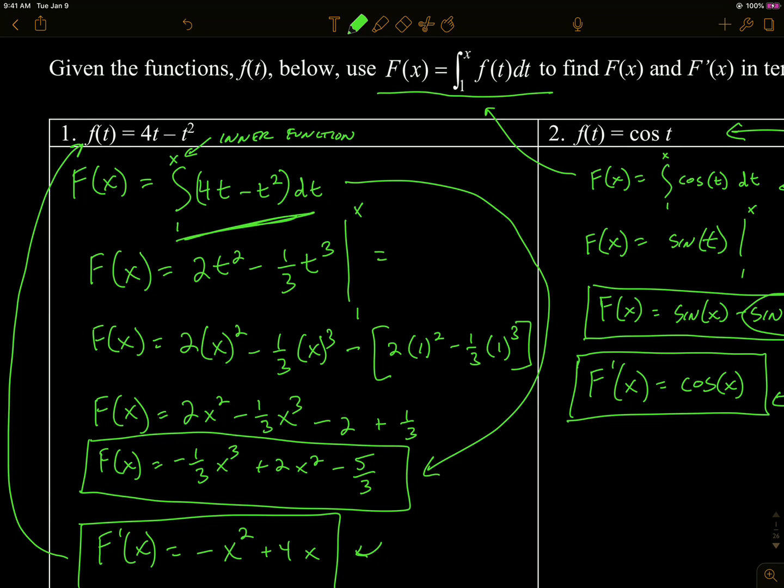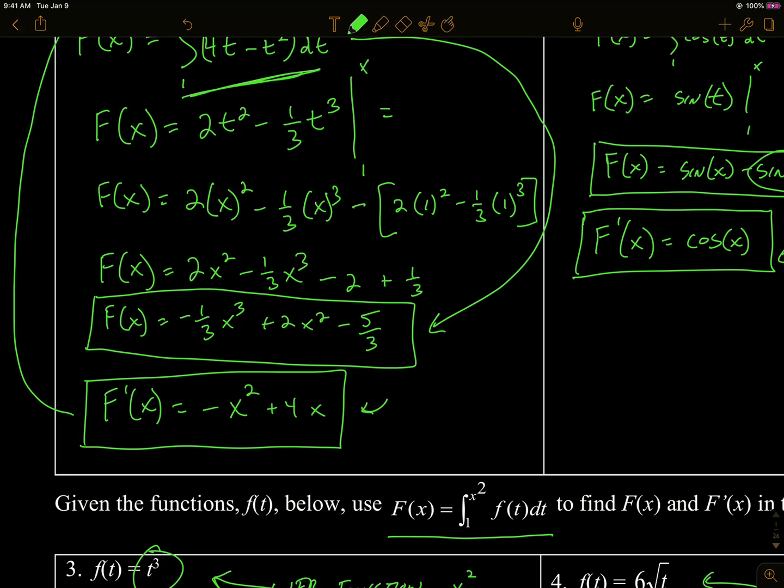So the question really becomes, to get to the derivative, if I take the integral and then I take the derivative, I'm back to the original function. So what ends up happening here is that we can just take that x and plug it in for t in both spots, and that is what we get for our answer, for our derivative.